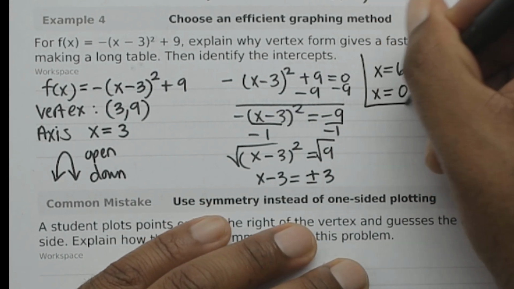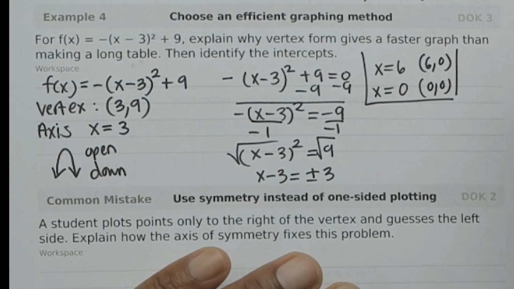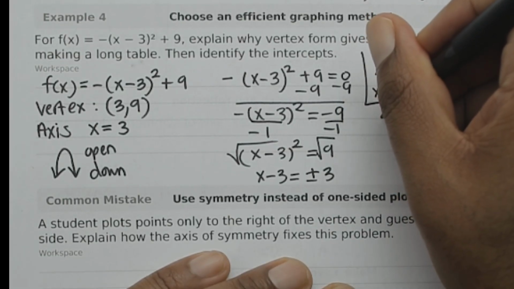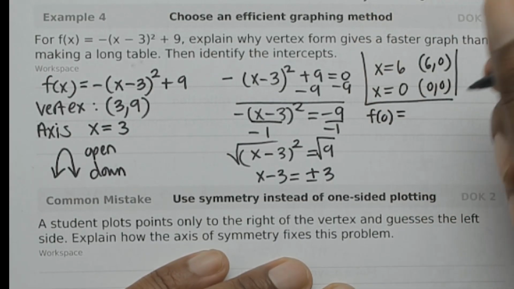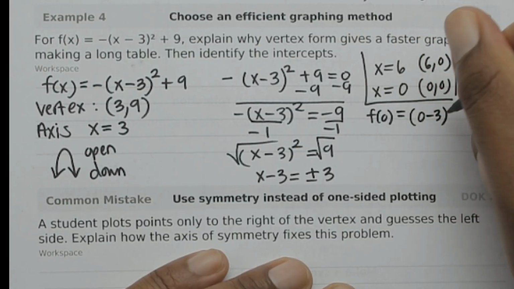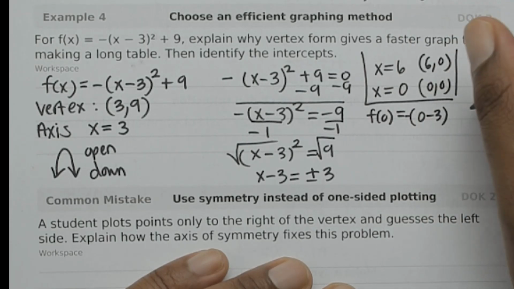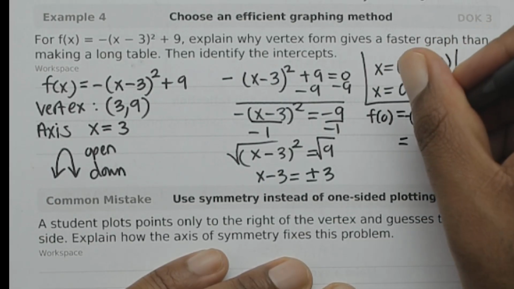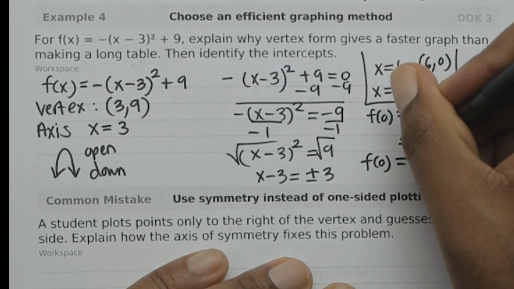The y-intercept occurs when you set x equal to 0. So the way this would look is, we'd say negative (0 minus 3) squared plus 9, which is going to give us negative 9 plus 9, or f of 0 equals 0.